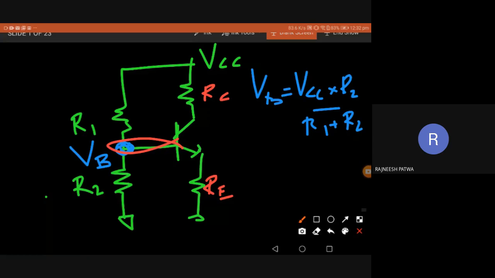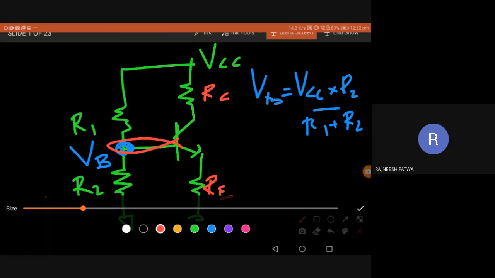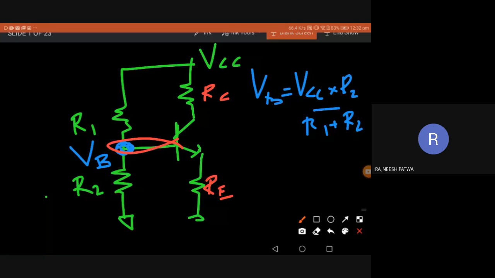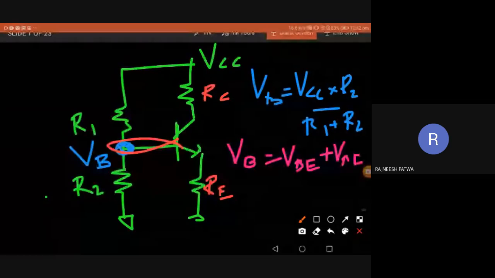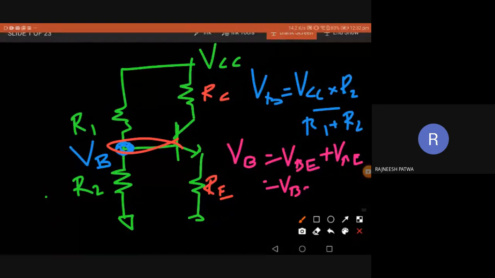Once we get VB, we proceed exactly like we did in the emitter bias circuit. After getting VB, we know VB is dropped across VBE and VRE, and VRE is nothing but IE into RE.